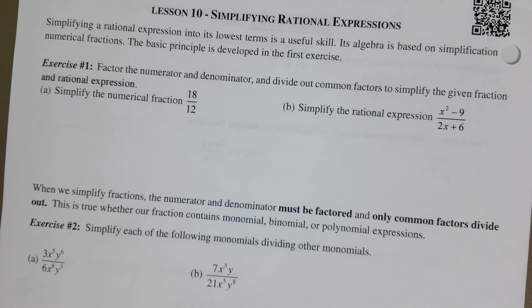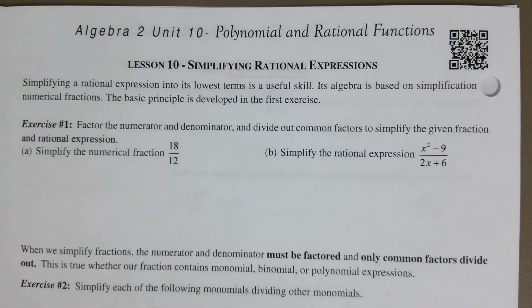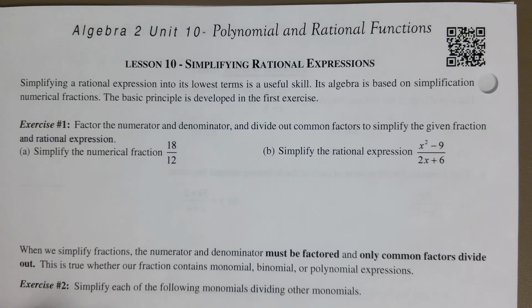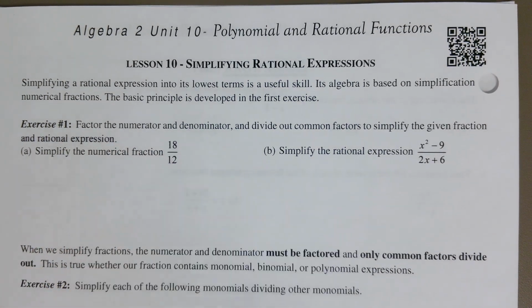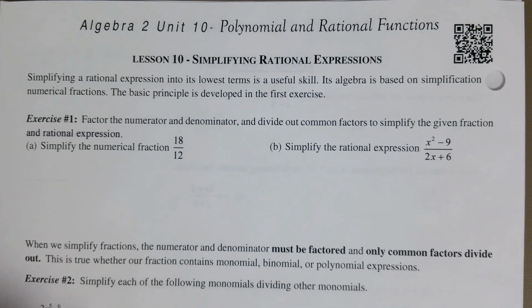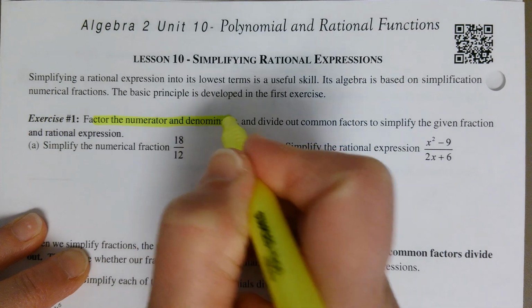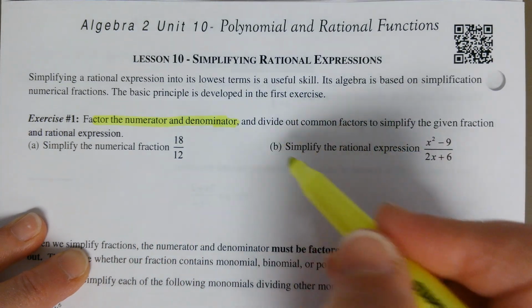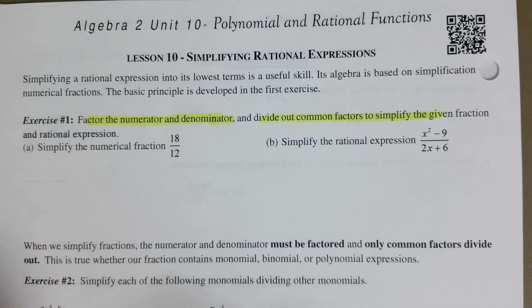All right. Page 299, simplifying rational expressions. To simplify a rational expression, we factor the numerator, factor the denominator, and divide out common factors to simplify the given fraction.